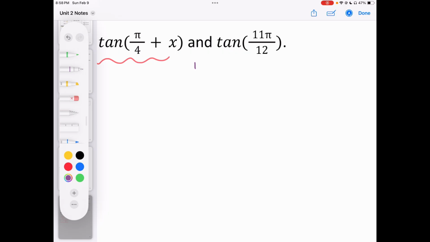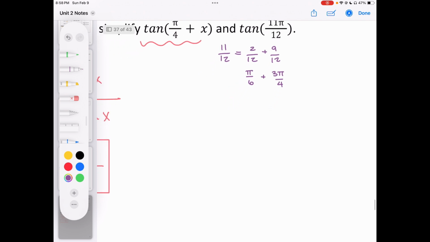Now, let's take a moment to figure out what adds up to 11. I think of, let's see, 2 and 9. That would be pi over 6 and 3 pi over 4. So that'll work for us. Okay.